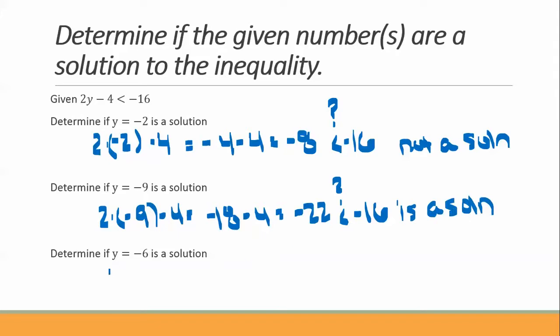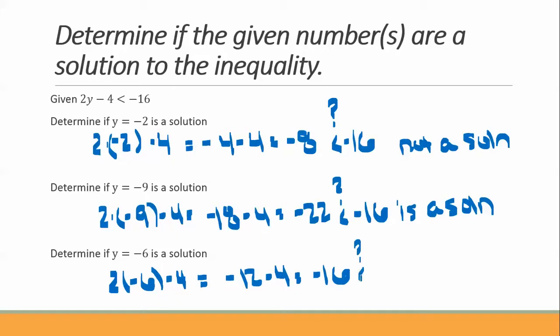Now let's try negative 6. 2 times negative 6 minus 4. That's equal to negative 12 minus 4, which is negative 16. And our question is, is that less than negative 16? That is not less than negative 16. It equals negative 16. So this is not a solution.